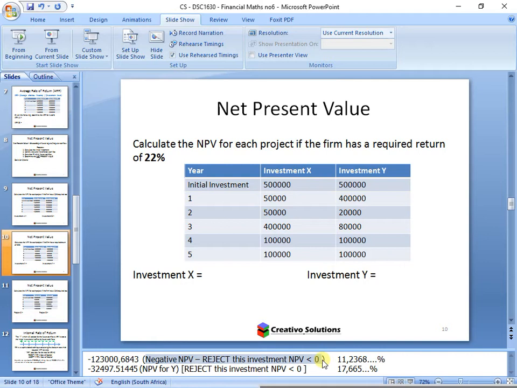Do you get this? Yeah, 32,400. Positive or negative? Negative. Would I accept or reject? Correct. Okay, see if you can do the next one.